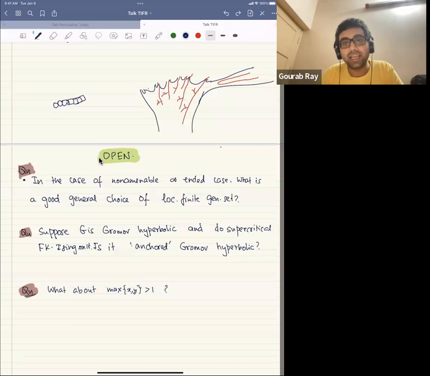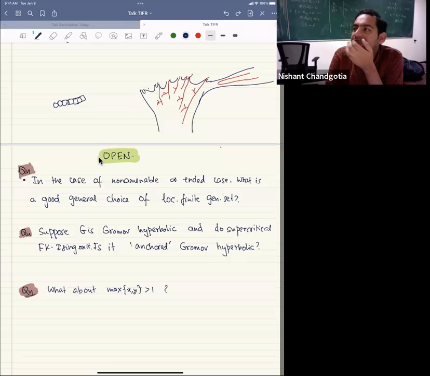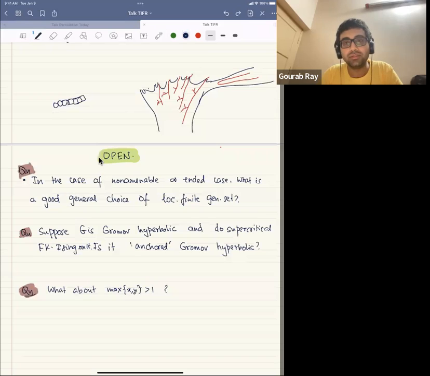But I'm sure there are Cayley graphs also which look like this, which are not trees, which are not planar. I guess something like a tree cross tree, maybe. Of course, that will have infinitely many ends. Yeah, maybe that's a good example. But the example I always think about is this percolation cluster.